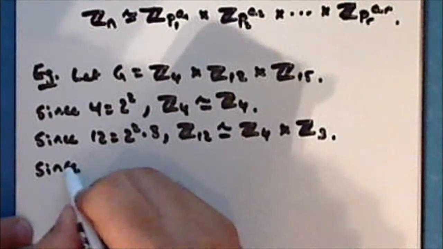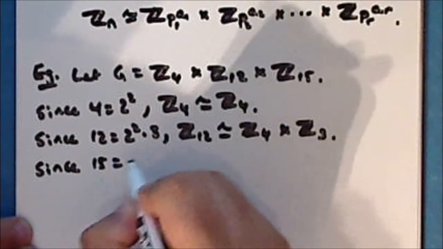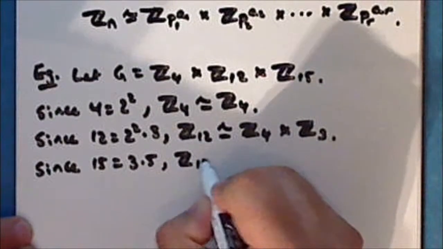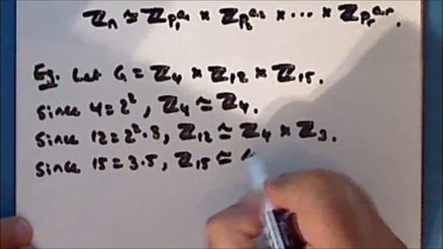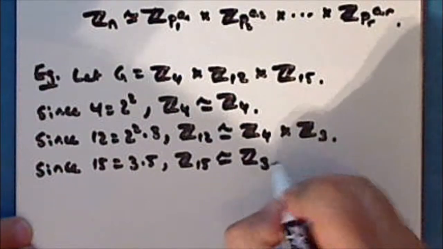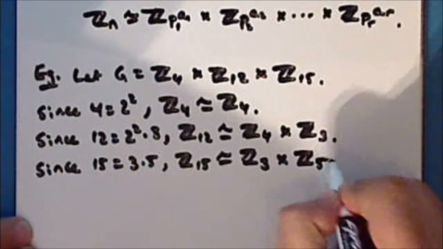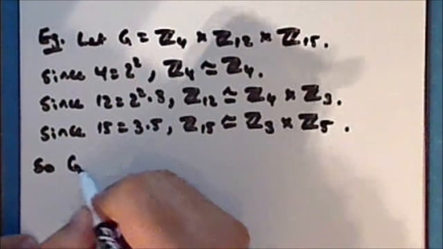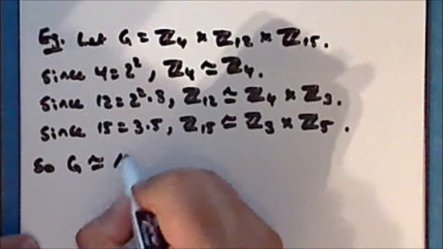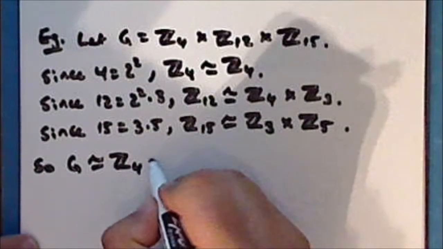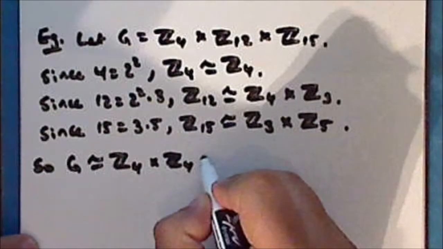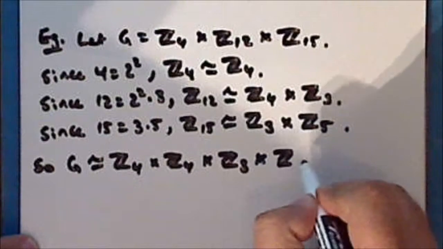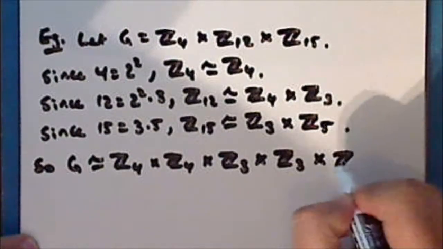And since 15 is 3 times 5, the integers modulo 15 is isomorphic to the product of the integers modulo 3 with the integers modulo 5. And so the group G is isomorphic to the product of the integers modulo 4 times the integers modulo 4 times the integers modulo 3 times the integers modulo 3 times the integers modulo 5.